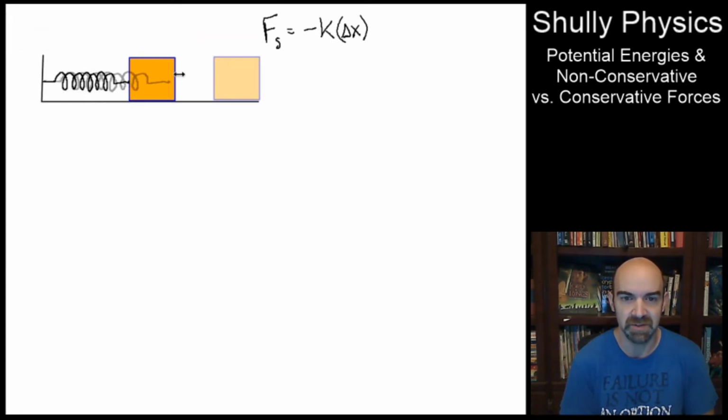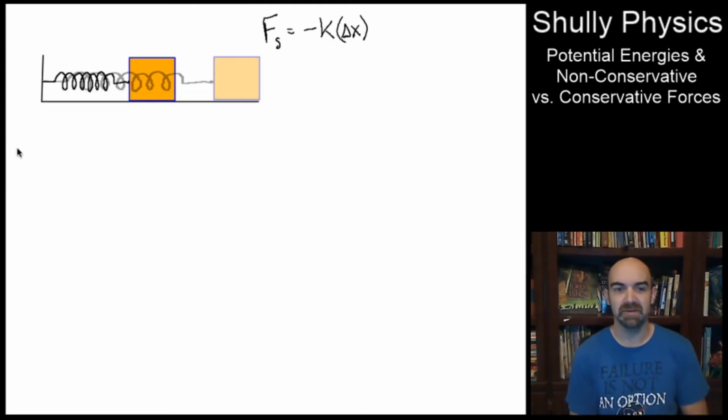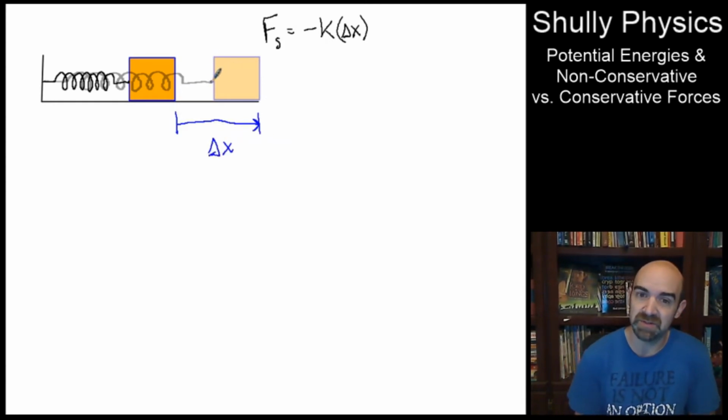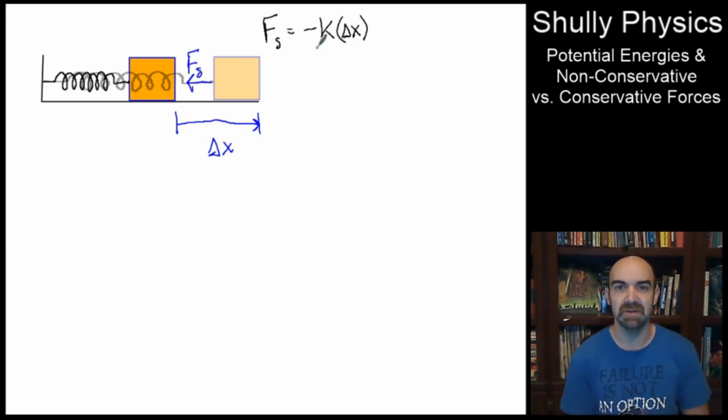It stretches out with that object. And as it stretches out, if there's a displacement to the right of delta x, then there's going to be a force acting back to the left. That's the spring force. That's where the negative nature comes in here.